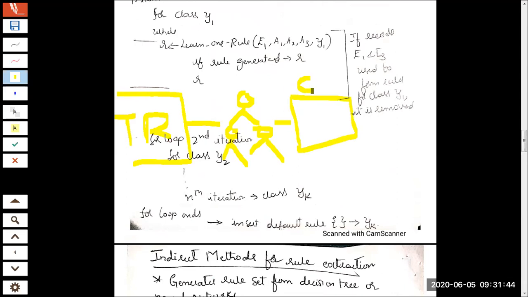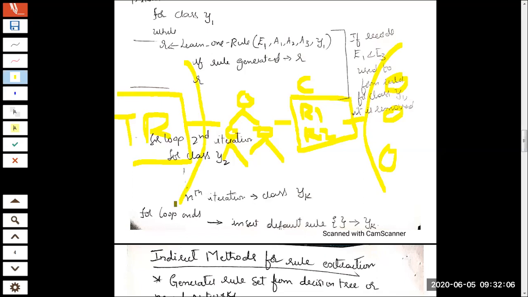Okay. So this is a classifier. It will learn the rules R1, R2, R3 from the decision tree. Okay. Please try to understand. It is like a hybrid combination here. Okay. So from these rules, it will decide on the classes C1, C2, C3. Okay. So this is how it is working.